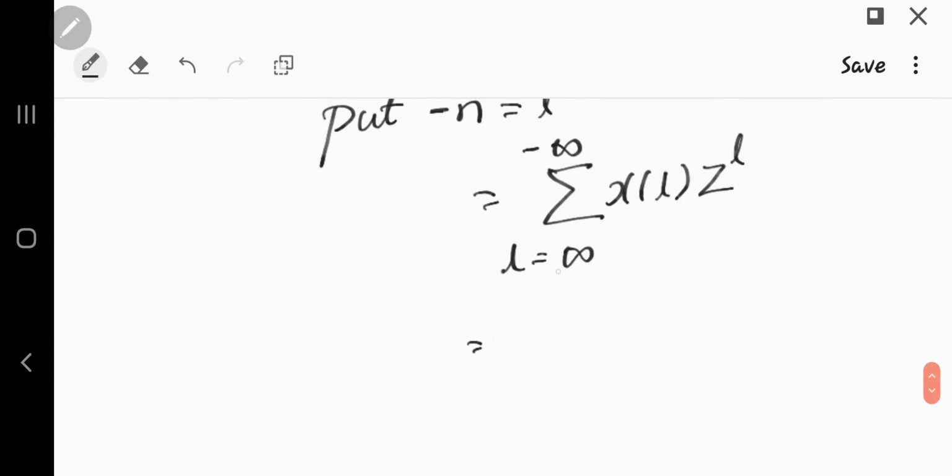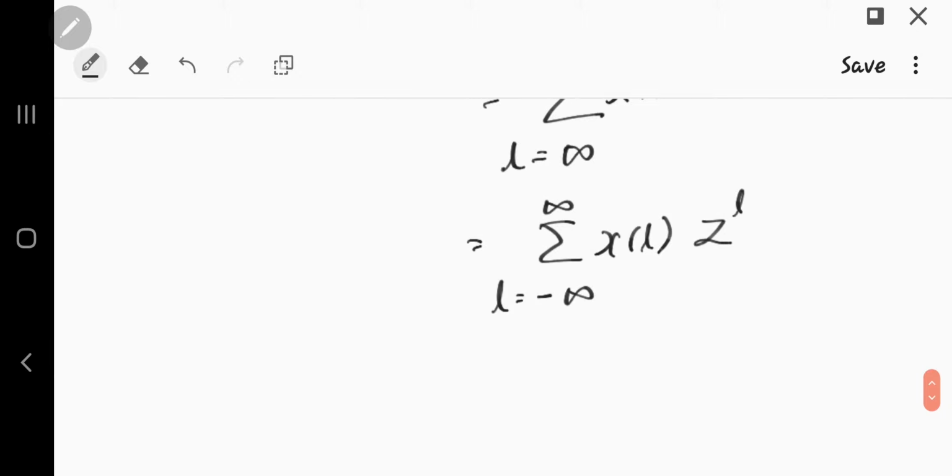Okay. Now if I change the limit from L equals minus infinity to plus infinity, then this becomes x of L z to the power of minus L. No, I think it will remain plus L itself, because plus infinity to minus infinity won't change a bit.